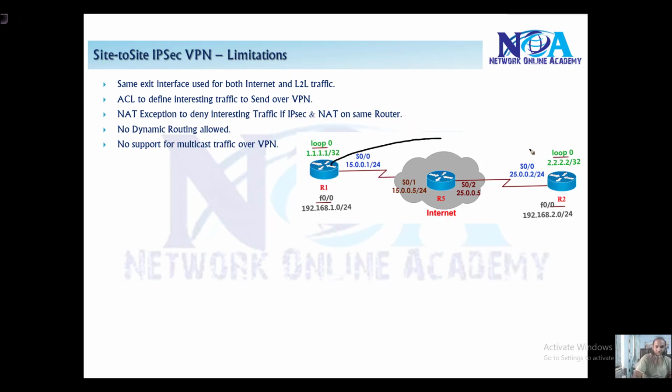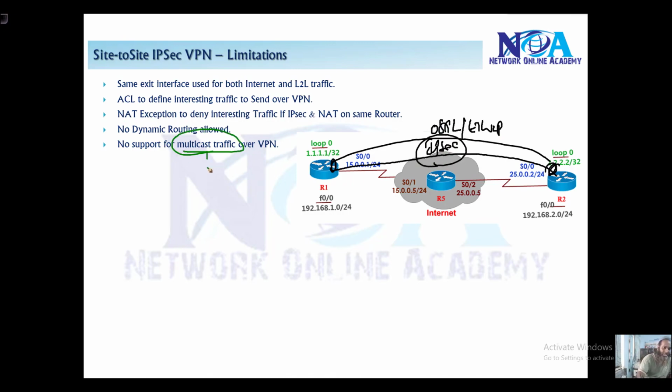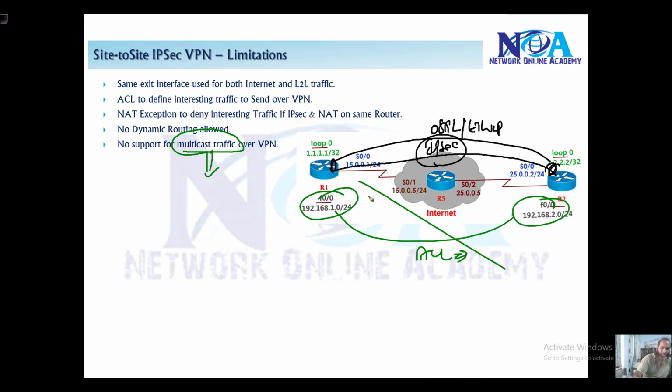One more limitation is if you are setting up a VPN, we cannot run OSPF or EIGRP protocols on this, because in native IPSec VPNs, routing protocol traffic is not allowed, as well as multicast traffic. So basically, you can still communicate, of course, with the help of ACL, interesting traffic. But again, if you have multiple sites, then that is going to be a limitation.